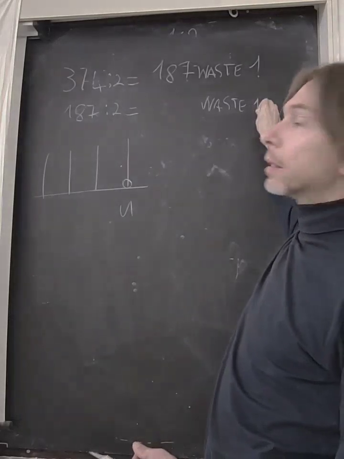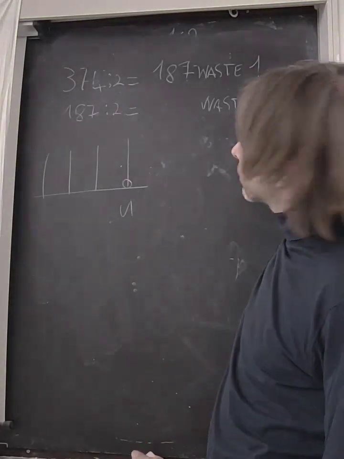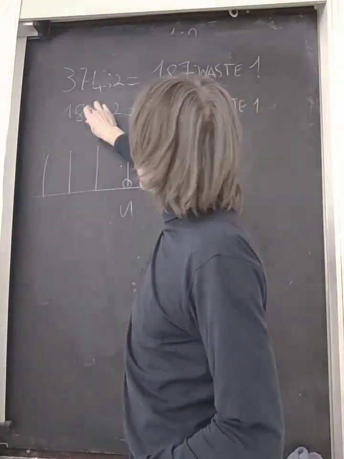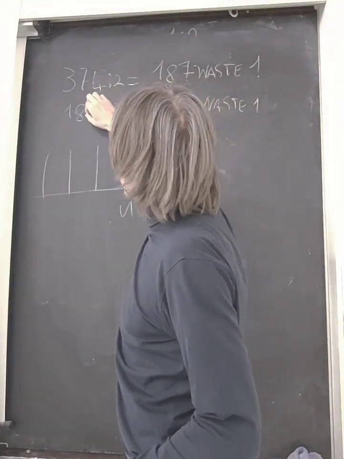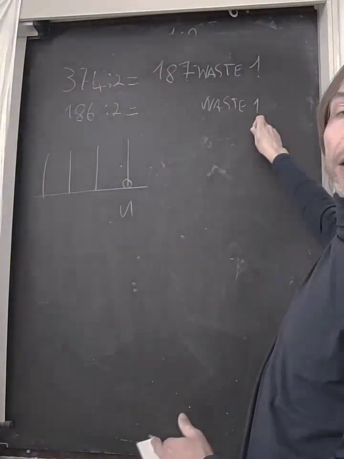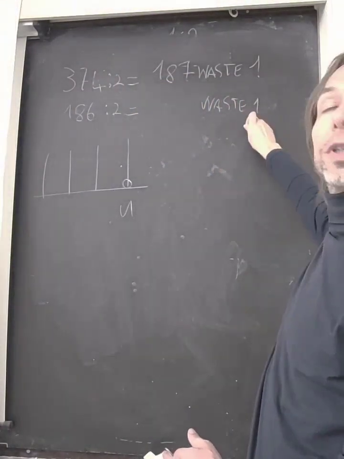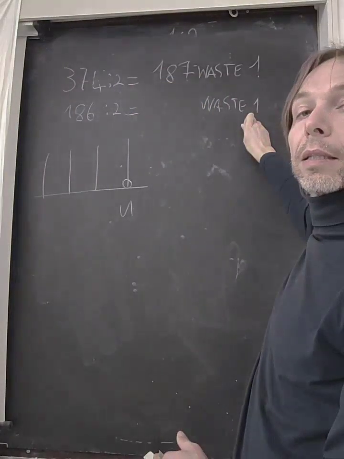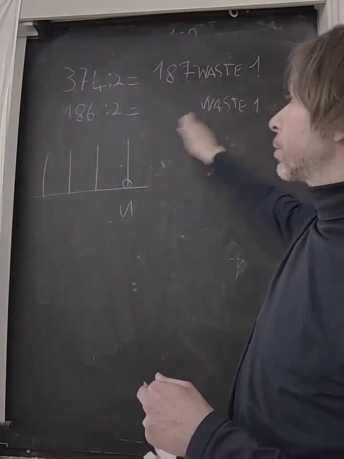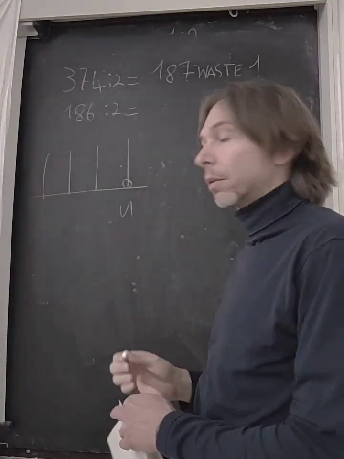So I can consider dividing 186, because I already put in mind that there is a waste of 1, so I take off the waste from the original number.